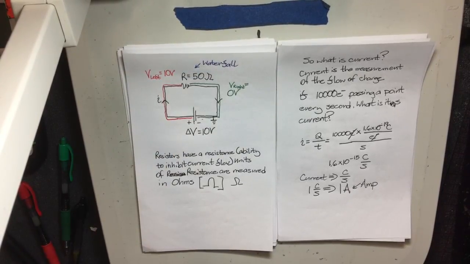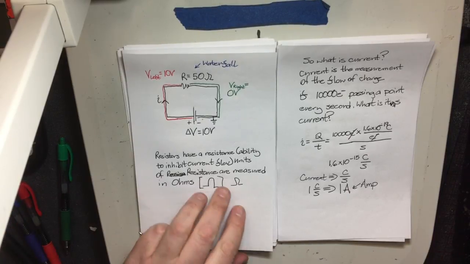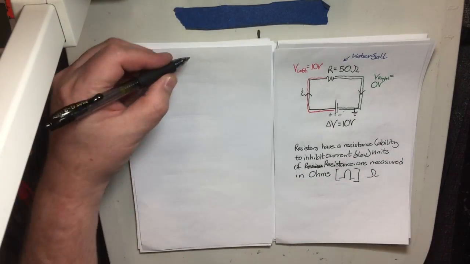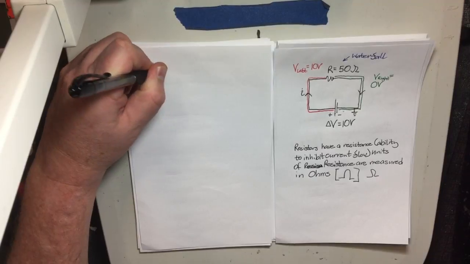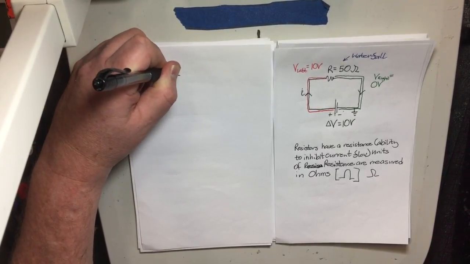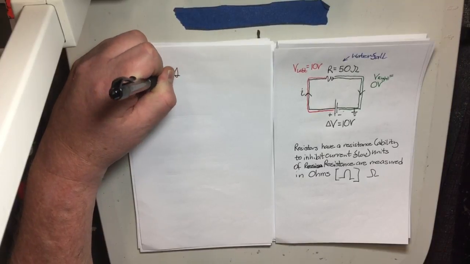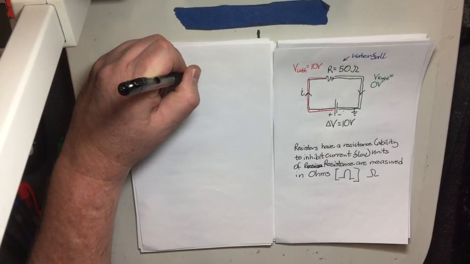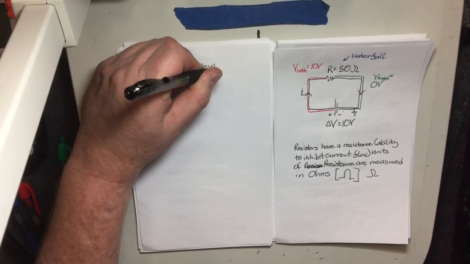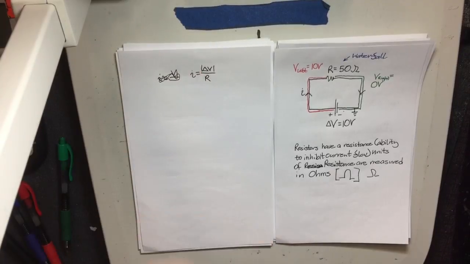Now, we need to know a couple last things about the current. The current has a relationship, and technically it's going to be the total change in potential divided by the resistance.